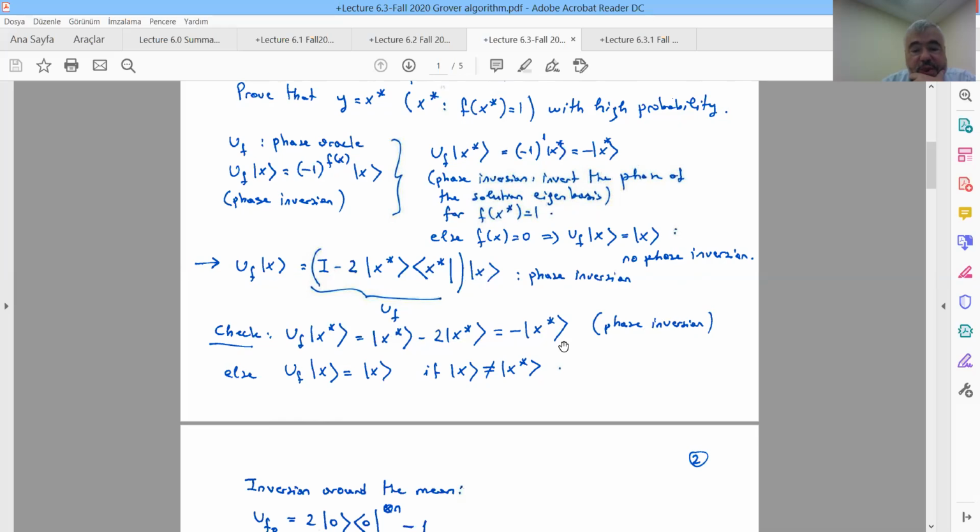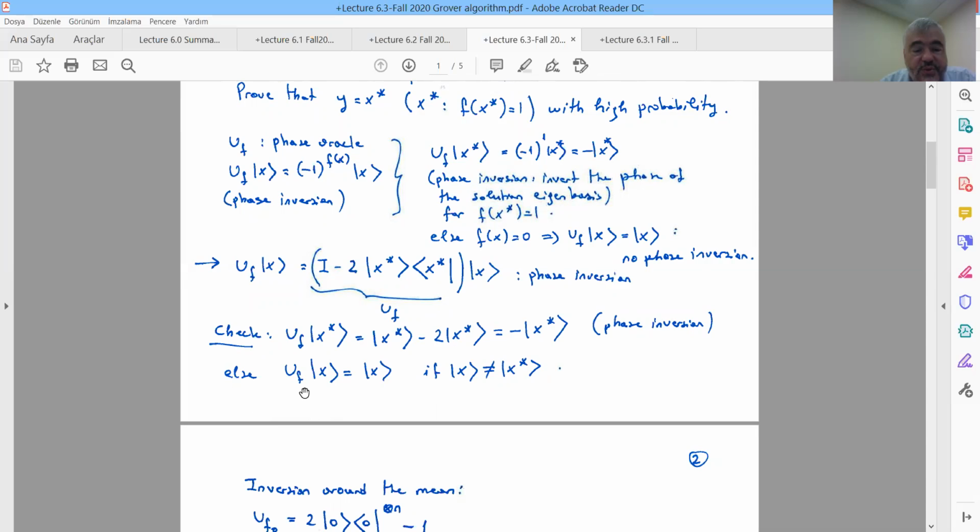So we have seen that if you apply this operator to the x star state that we are looking for, you get a phase inversion: minus ket x star. But for all the other ket x states other than the x star state, this inner product would be 0, so this part of the equation will be 0, but I times ket x would be ket x.